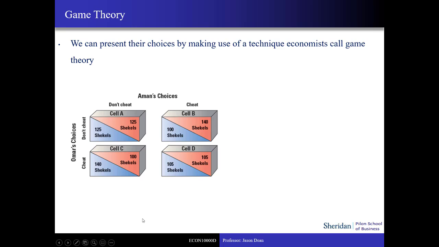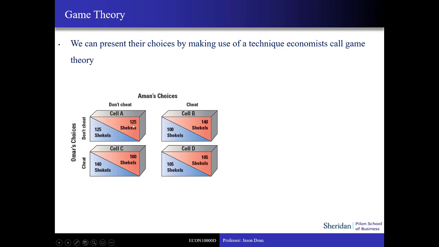So this is called a payoff matrix. All we have here are the choices for each person. We have Amon on the top, Omar on the left here, and each of them can either maintain the agreement, don't cheat, or cheat. If they both don't cheat and stick to the agreement, they will both get a payoff of 125.